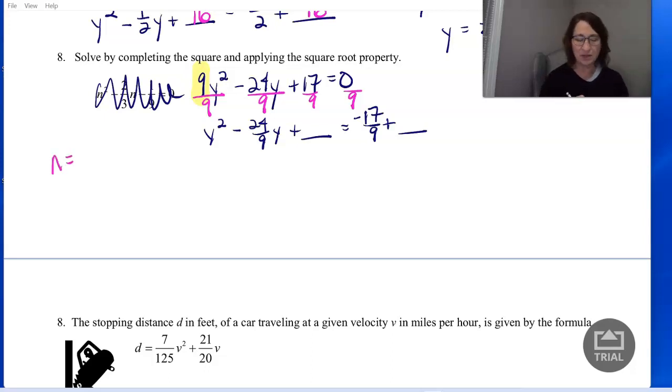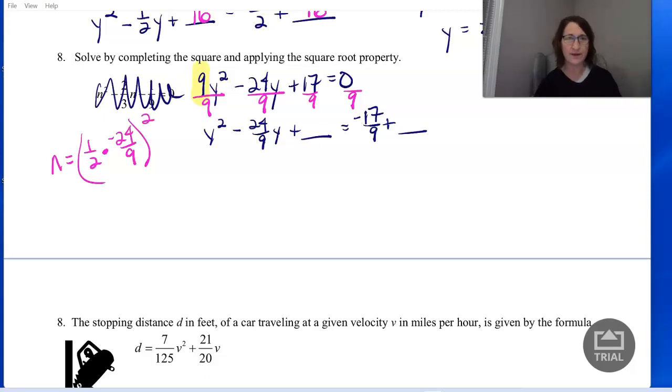So my n is going to be 1/2 times negative 24/9, squared. Well, 2 goes into 24, actually negative 24, to give me a negative 12.